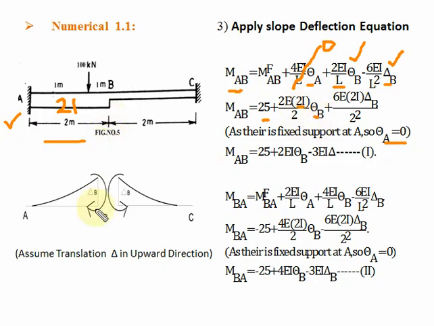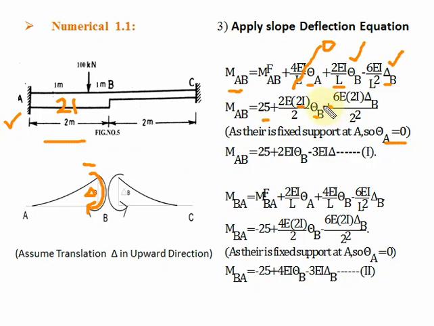Now let's consider this delta translation in the upward direction, positive. As this beam will translate in upward direction, the moment will be generated and this moment will be in a clockwise direction. So we have to consider minus sign for it as per our sign convention.